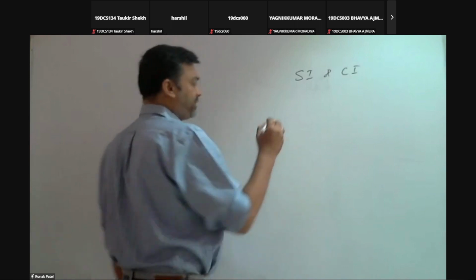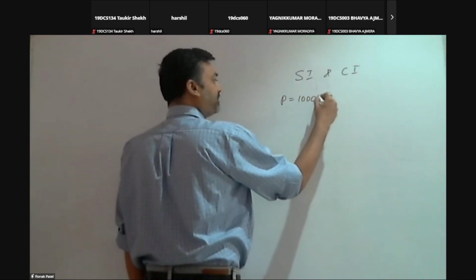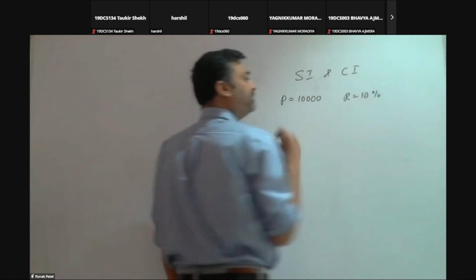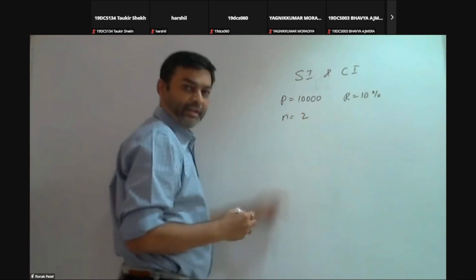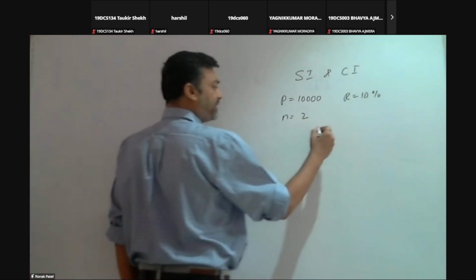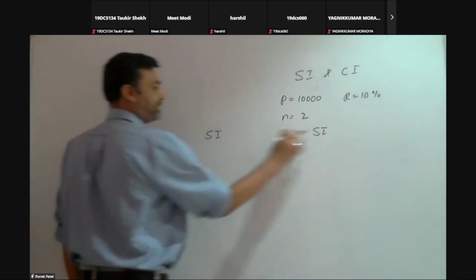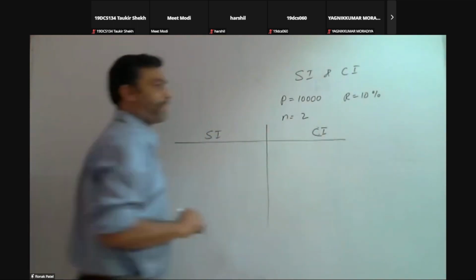I'll give one very simple sum. Try to identify this. Suppose the principal is 10,000 and the rate of interest is simply 10%. I'll ask you to find the interest for 2 years. First, let me find out simple interest, and second, compound interest.